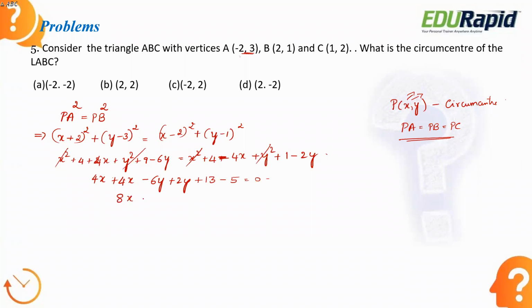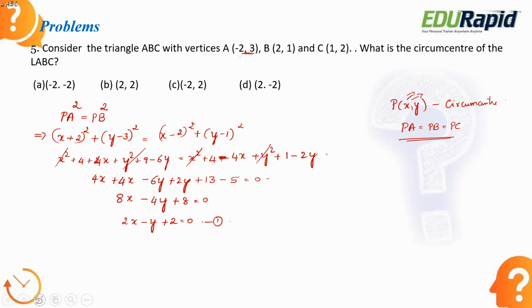So I get 8x minus 4y plus 8 is equal to 0. So divide throughout by 4, I'll get 2x minus y plus 2 is equal to 0. This is one equation what I get.